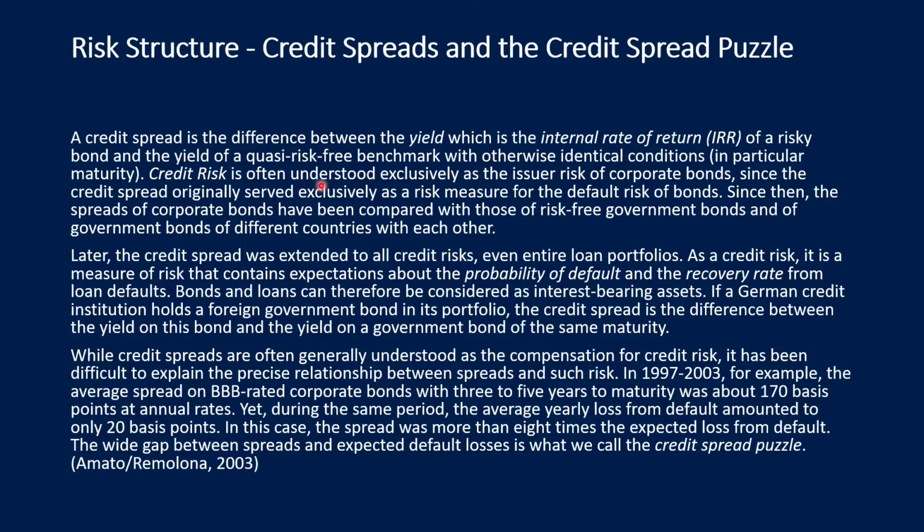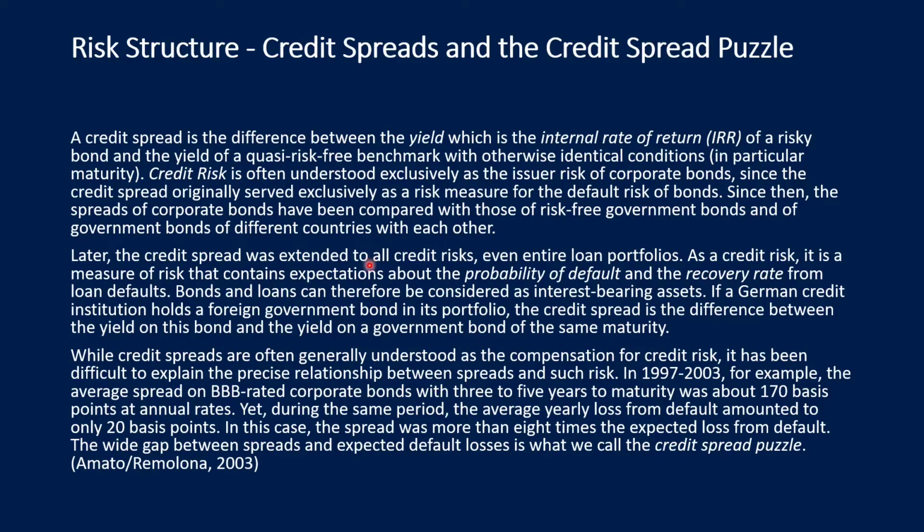Credit risk is often understood exclusively as the issuer risk of a corporate bond, since the credit spread originally served exclusively as a risk measure for the default risk of bonds. Since then, the spreads of corporate bonds have been compared with those of risk-free government bonds and of government bonds of different countries with each other.